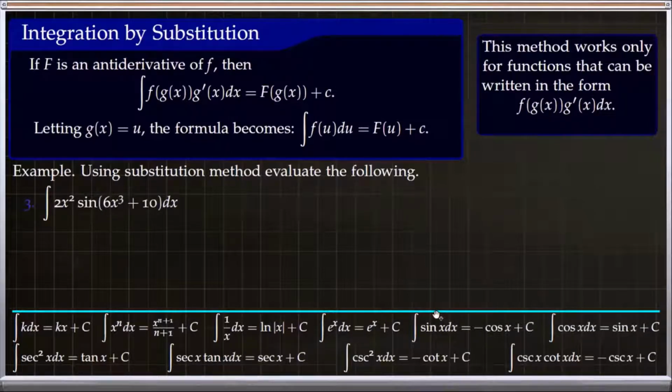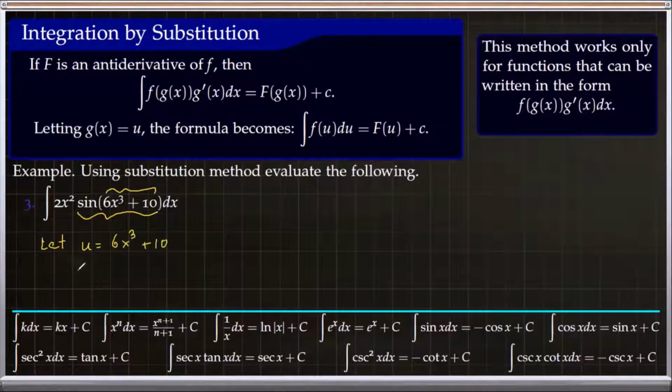So here we have the function 2x^2 times sin(6x^3 + 10). Again, here we note that this part is the composition and this is the inside function of the composition part. So we start by letting u equal the inside function. Let u = 6x^3 + 10.